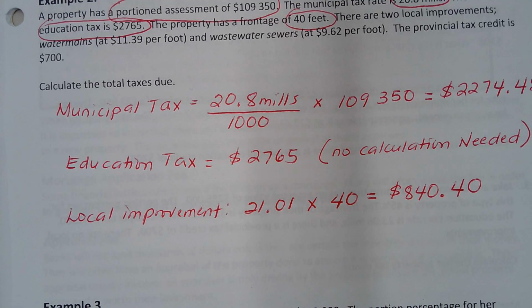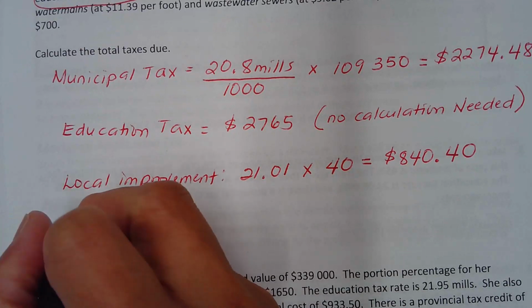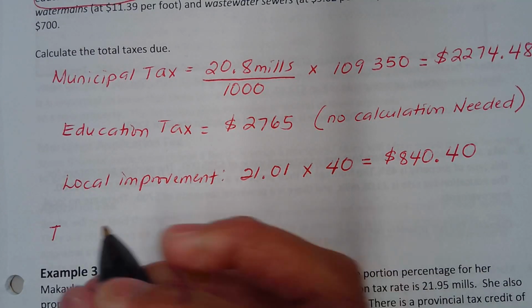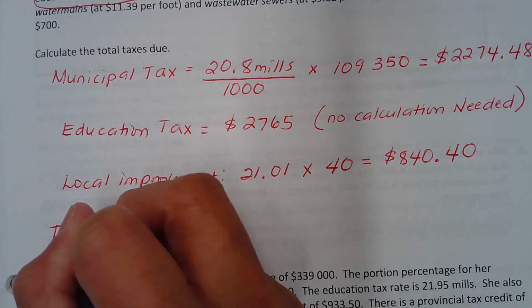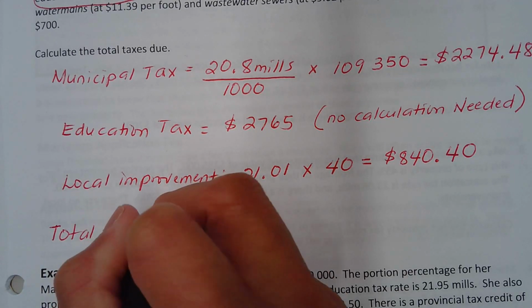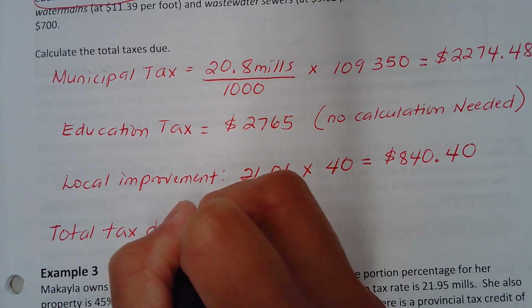We got the local improvement. Now we're going to put it all together, and of course, we don't forget the tax credit from the Manitoba government. So I'm going to write down total tax due.